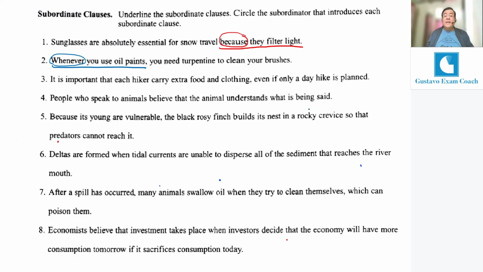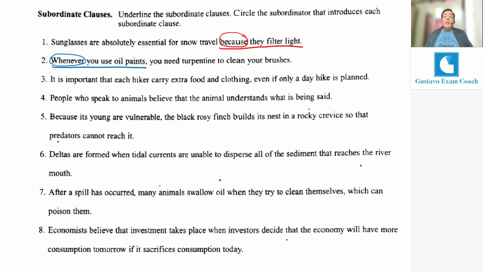It is important that each hiker carry extra food and clothing, even if only a day hike is planned. Okay, we can see there is an independent clause at the beginning of this sentence. It is important. Yeah, we have that independent or main clause.